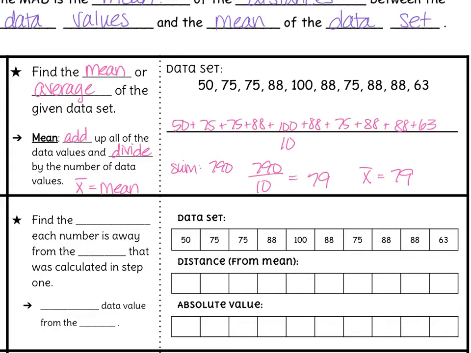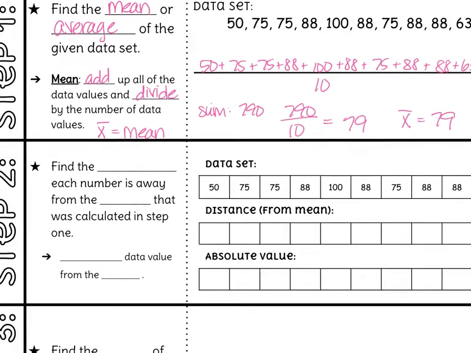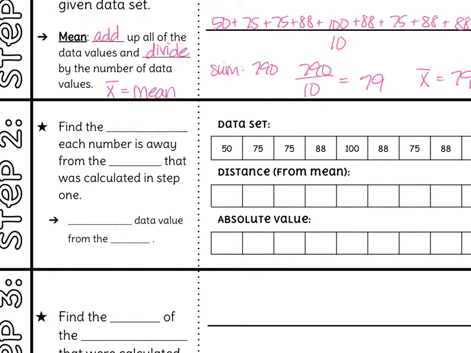So that's just to find the mean. Our second step is to find the distance each of those numbers is away from the mean that we just calculated. So we are going to subtract the value from the mean.